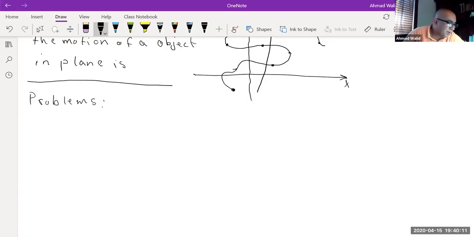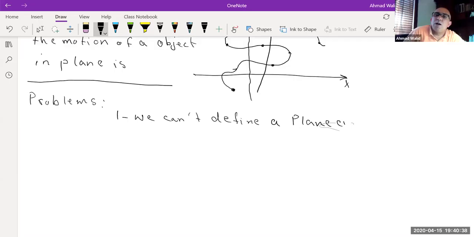Number one, we can't define a plane curve like a normal function.